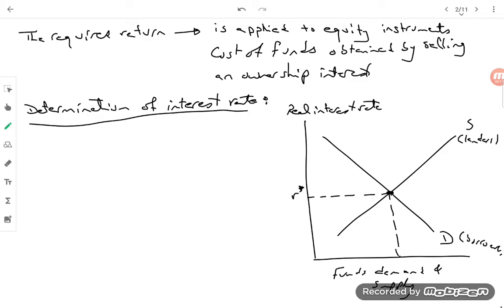The same applies to the lender side, or the supply side. There is a positive relationship between the price of this commodity and the quantity supplied of this commodity. The price of funds is the interest rate. So from the point of view of lenders, as the interest rate increases, they would like to supply more and more funds.